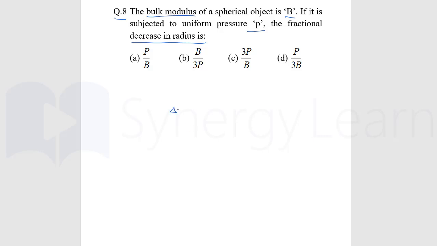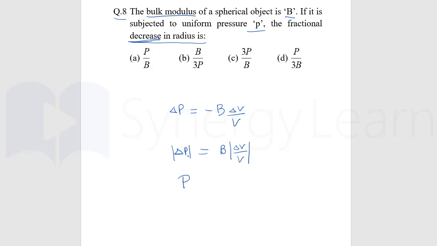The bulk stress delta P is equal to minus B delta V by V. So here we will take the modulus, that is, mod of delta P is equal to B and mod of delta V by V. We are not bothered about sign because we know that with an increase in pressure the volume will decrease, and they are asking the decrease in volume. So whatever answer comes will be positive.